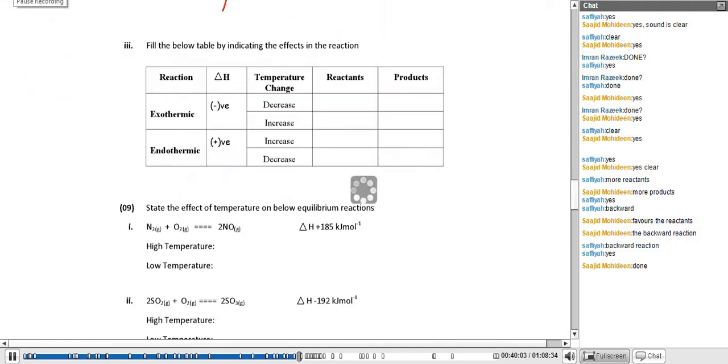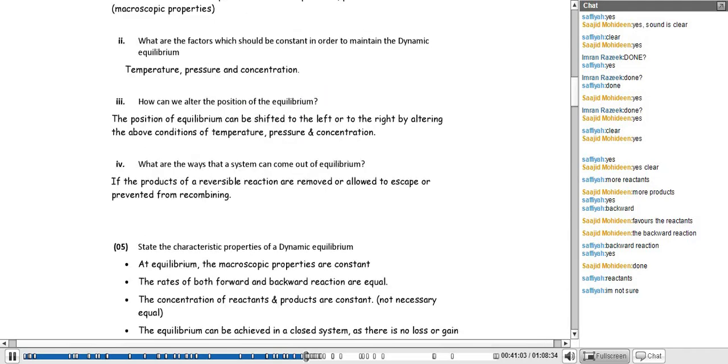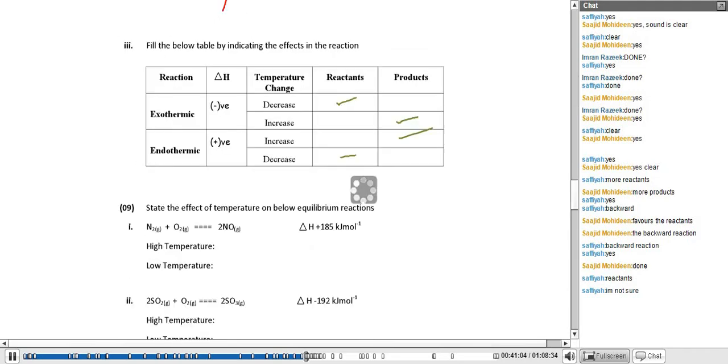Answer. So exothermic reaction, forward reaction releases heat. So if you decrease the temperature, it will favor what? Reactants or products? The answers, please. We just discussed exothermic reaction.